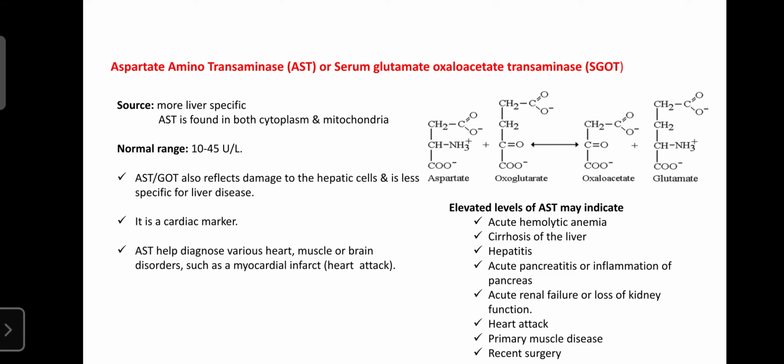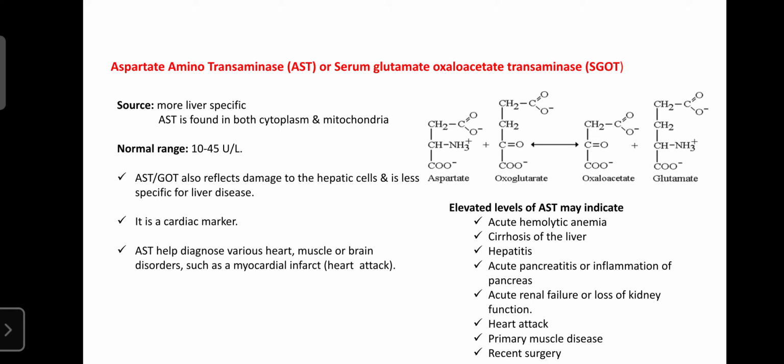Regarding the first, the aspartate aminotransferase, also written as AST, it is also known as SGOT, the serum glutamate oxaloacetate transaminase. This enzyme is found more in the liver, and AST is found in both the cytoplasm as well as the mitochondria.